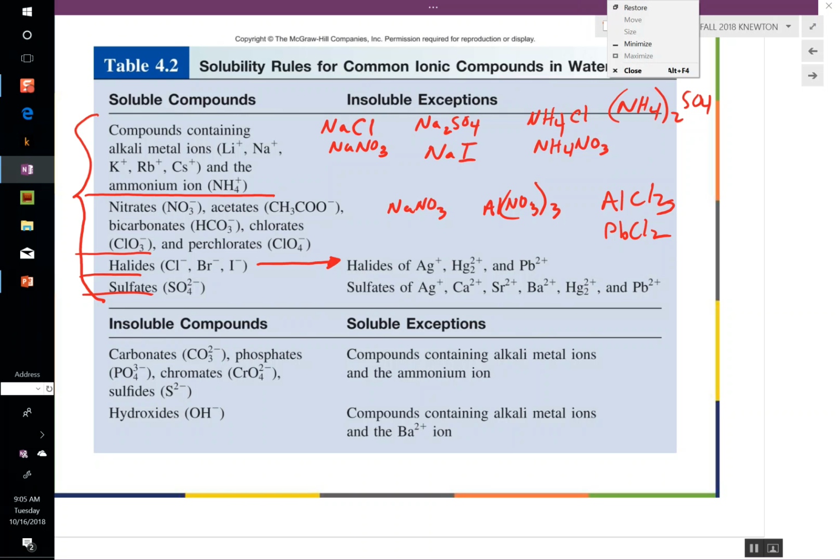Oh, I put lead chloride here. I'm sorry. You see that? That's an exception. Sorry, I'm going too fast. Okay, so there are some exceptions, and that's what that right side column means.